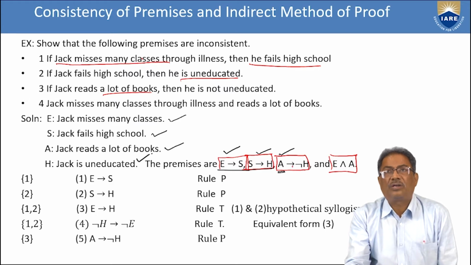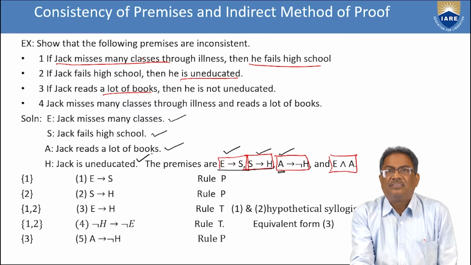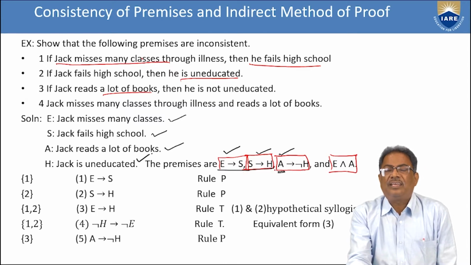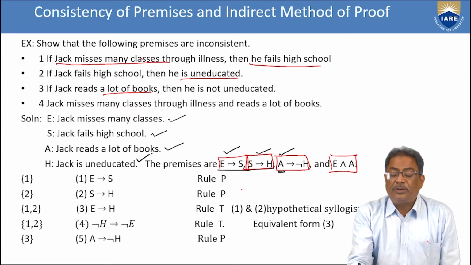Then we perform AND operations on these, and if the result is false, we say that it is inconsistent.